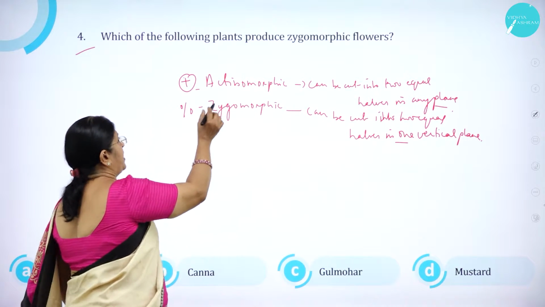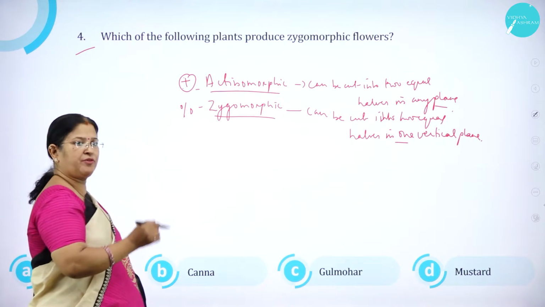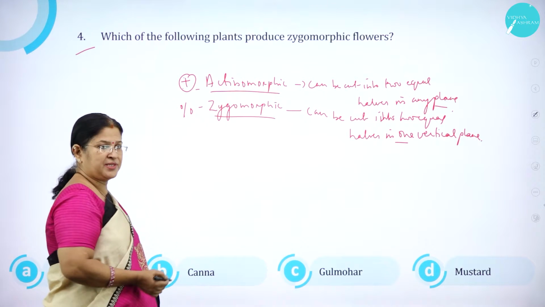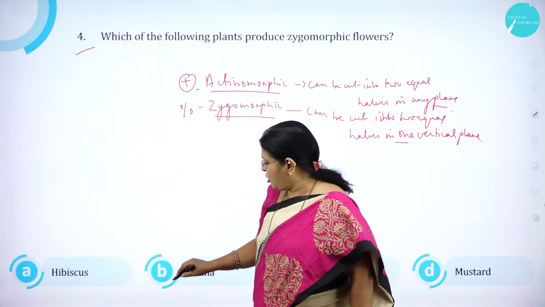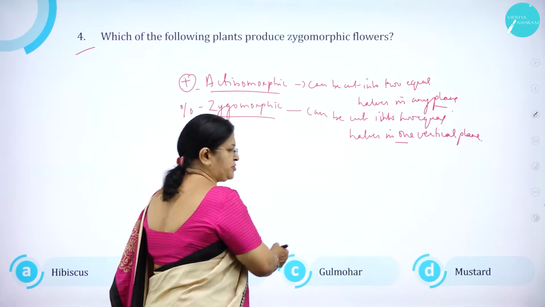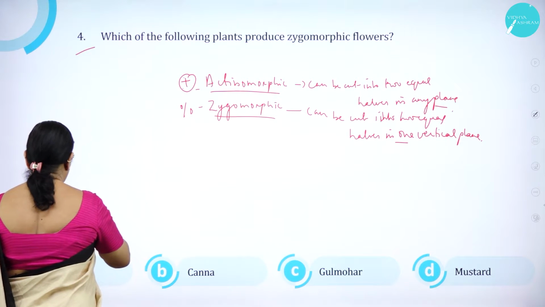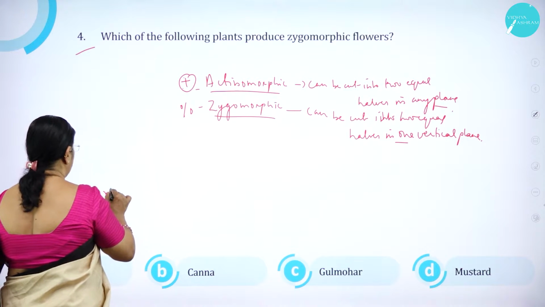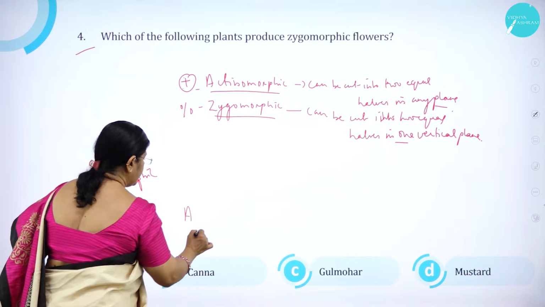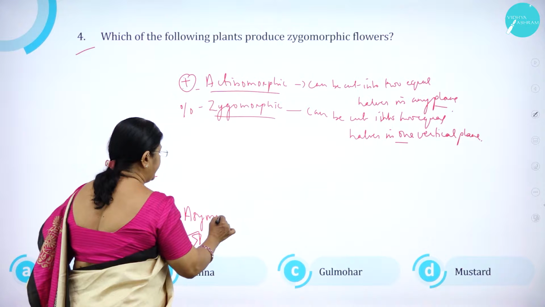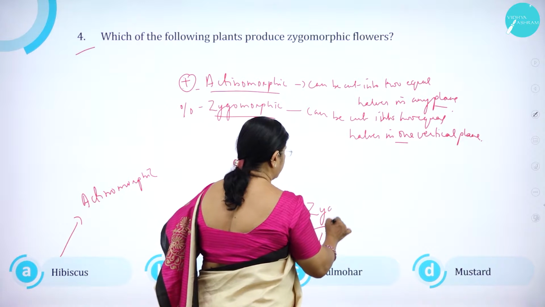Which of the following plants produce zygomorphic flowers? I think all of you know the symbol for actinomorphic is plus. For zygomorphic it is a percentage sign. Options are option A, hibiscus, option B, canna, option C, gulmohar, and option D, mustard. Hibiscus is actinomorphic. Canna is asymmetric; in any direction it cannot be cut. Gulmohar is zygomorphic.